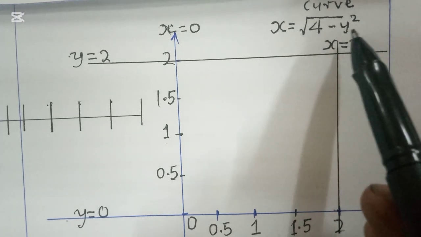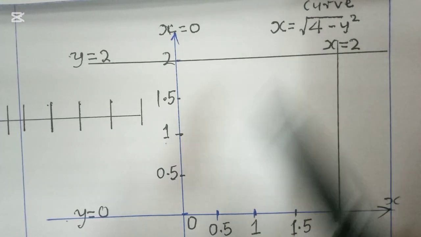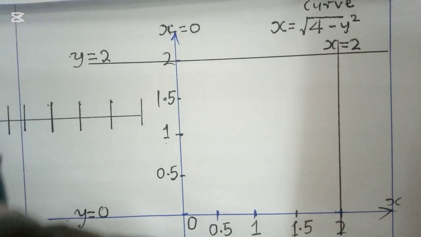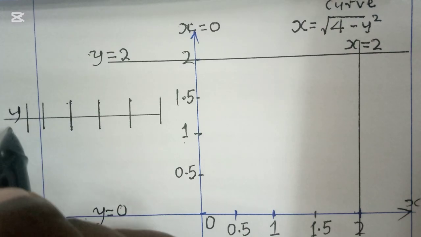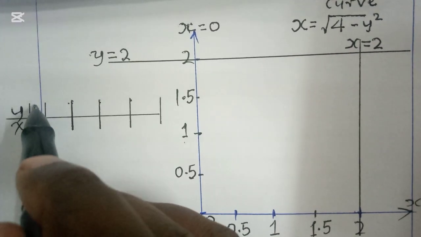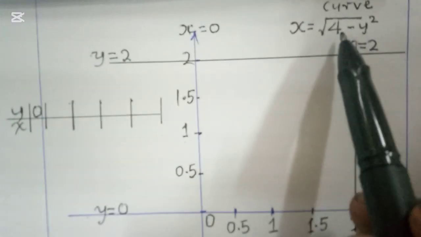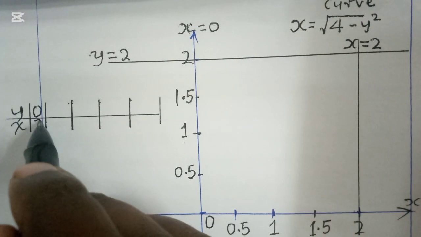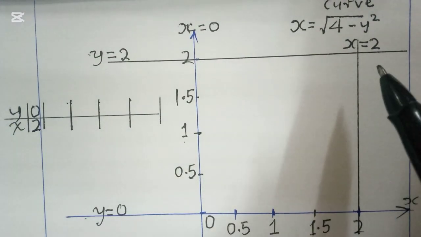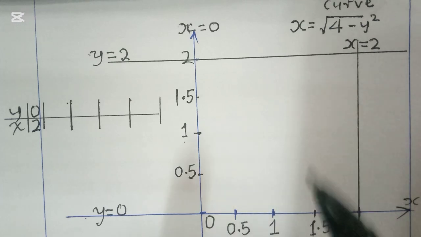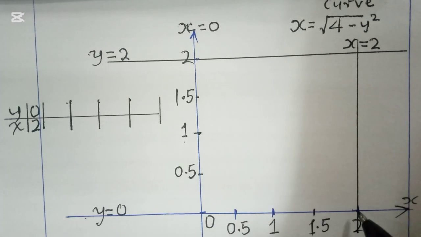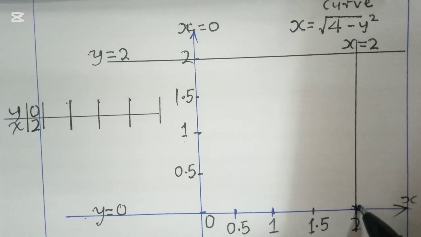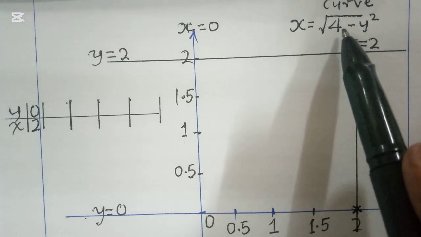When y equals 0, x is 2. That is the highest point for that curve.